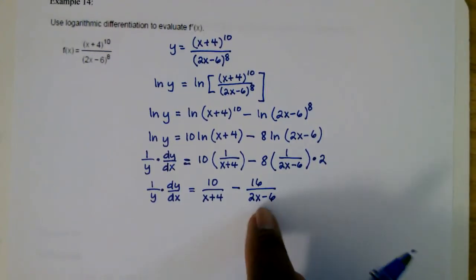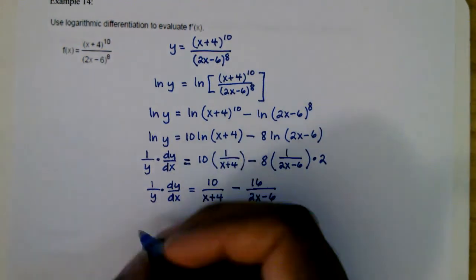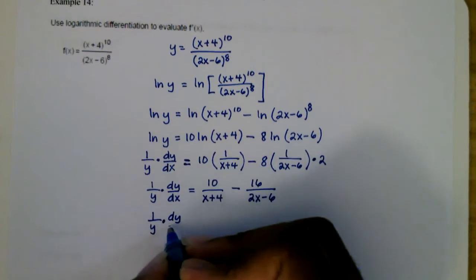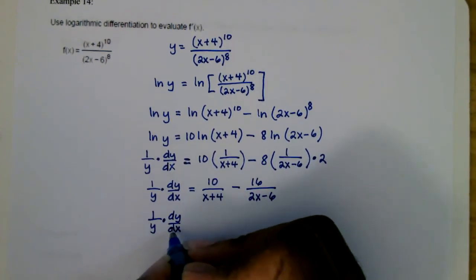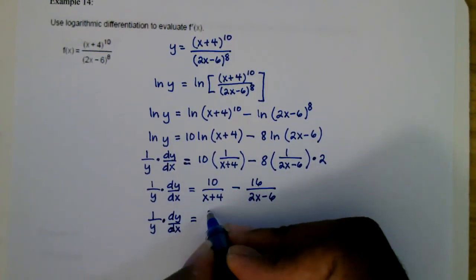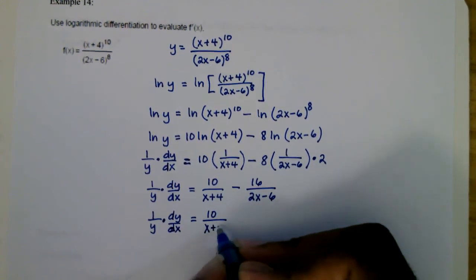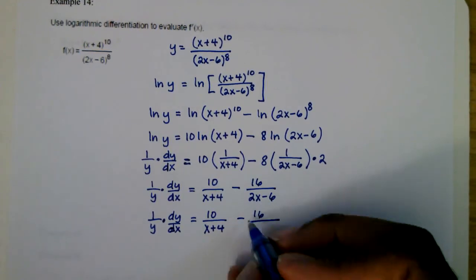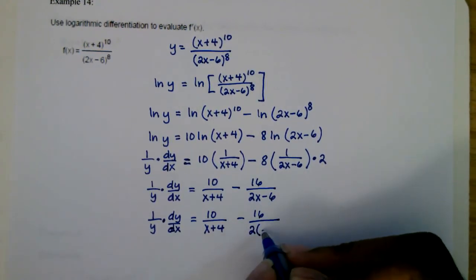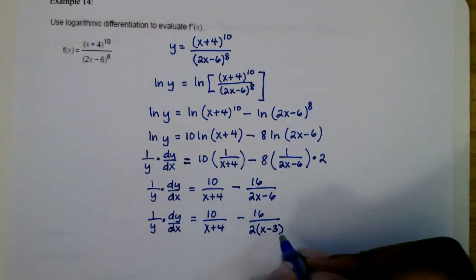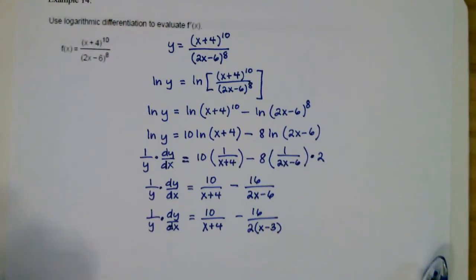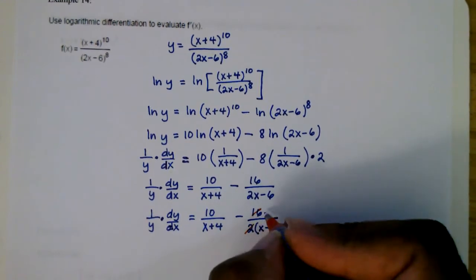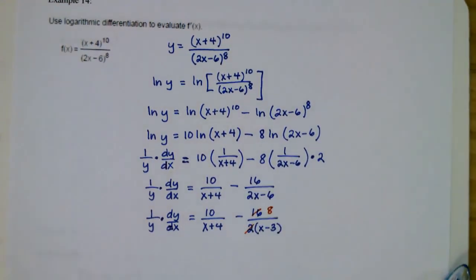And I'm going to try to factor out a 2 in that denominator. So it'll be 1 over y times dy dx is equal to 10 over x plus 4 minus 16 over, if I factor out the 2 in 2x minus 6, this will give me x minus 3. And here I can divide 2 into the 16. This will go 8 times.